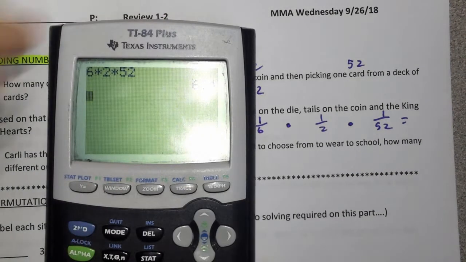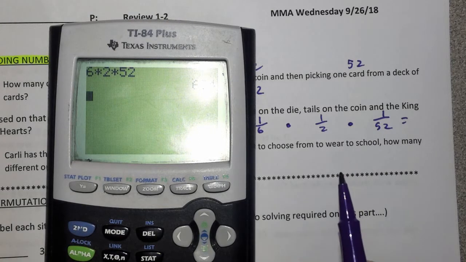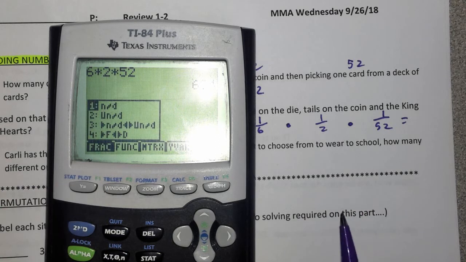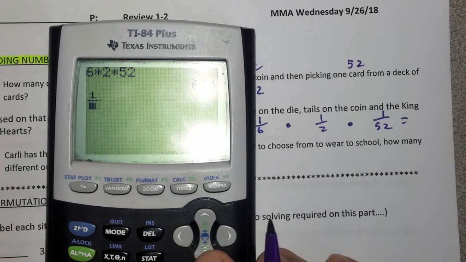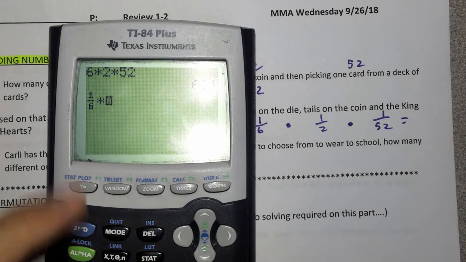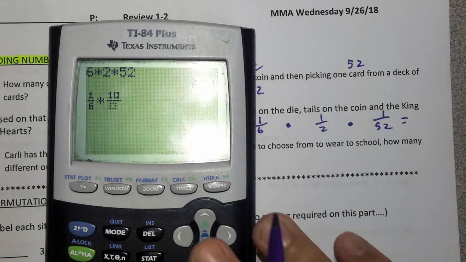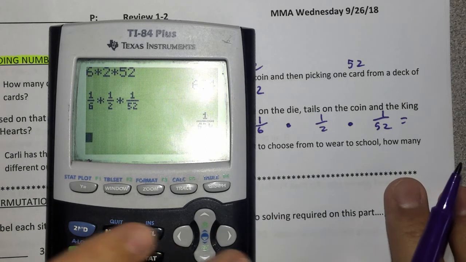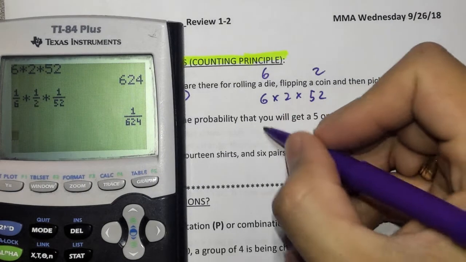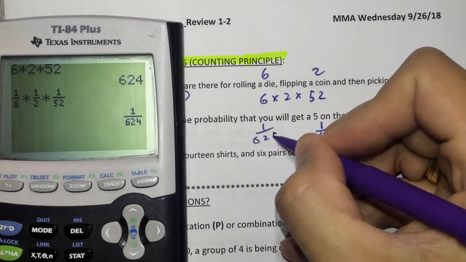Again, I can grab my trusty calculator. When you're doing fractions, and especially probability, always use Alpha, Y equals to get this fraction. First one is 1/6. Then I multiply that by Alpha Y equals 1 over 2, and then I multiply that by Alpha Y equals 1 over 52, and I get 1 out of 624.